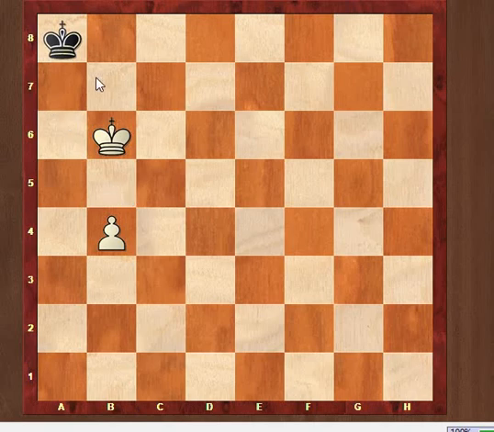Guys, what you have to remember is that you only break for it if your king is immediately in front of the pawn. So right here, the king is immediately in front of the pawn, so we can break for it. If the king is not immediately in front of the pawn, don't think about breaking for it.